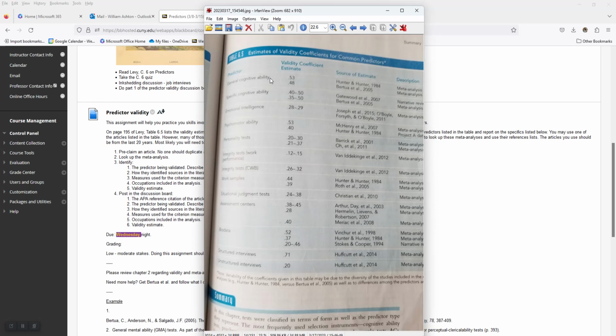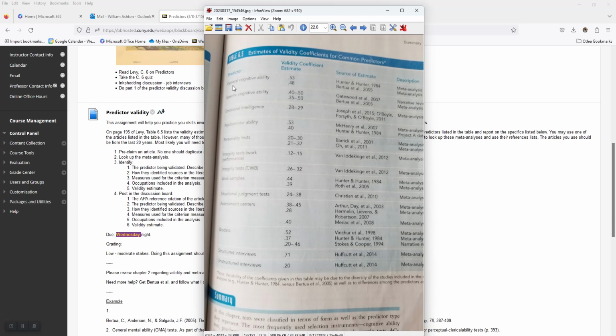That's why we're going to do it again. What this table shows us is that these are predictors of job performance, and these are their correlations with job performance. We looked at job performance and how we measure that a couple weeks ago.